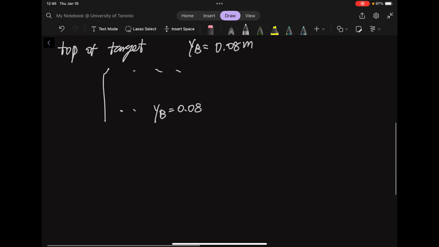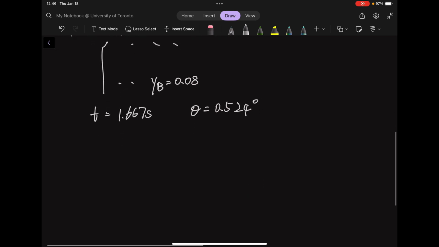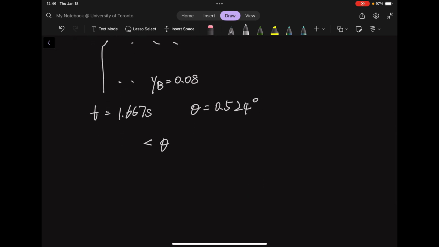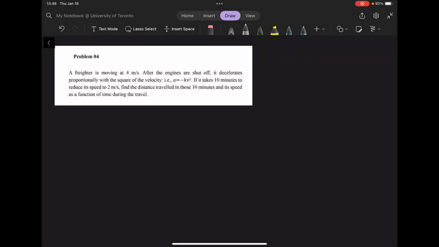So we got t is equal to 1.667 seconds and theta is equal to 0.524 degree. So we could say the range of theta is from 0.517 degree to 0.524 degree.